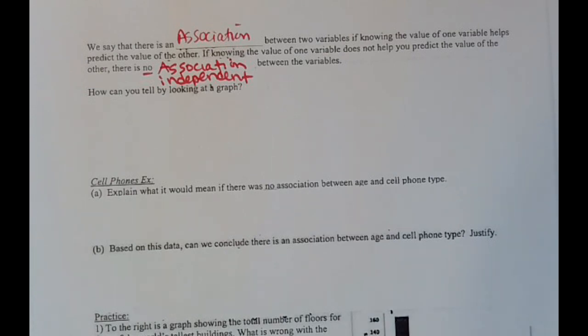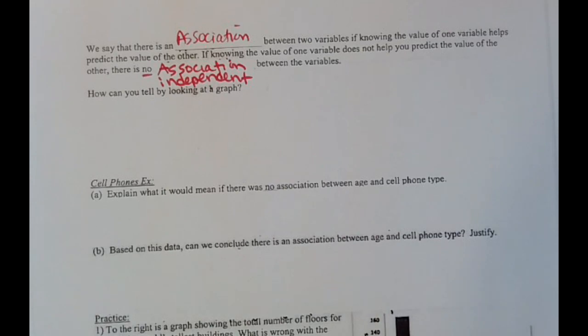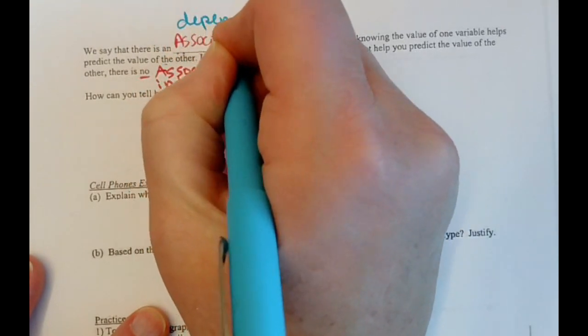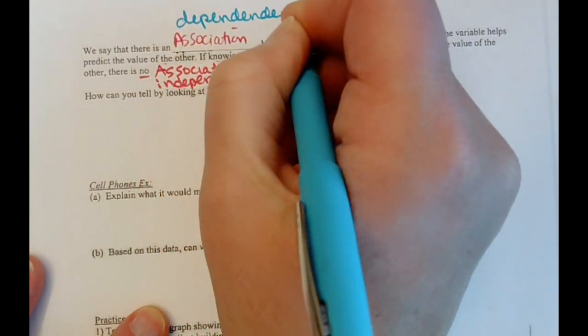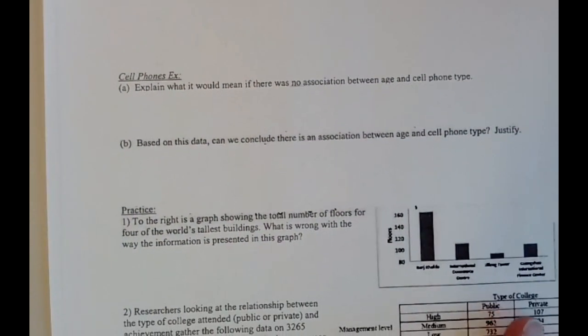And so how do we tell? If we look at a graph, how can we tell? We can tell that if they have the same bars, they're independent, no association, versus association, different bars, and dependent. So association means dependent on one another, where if there's no association, they're independent.